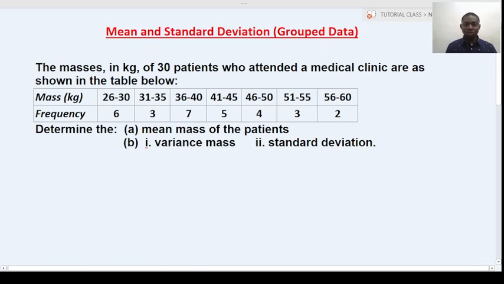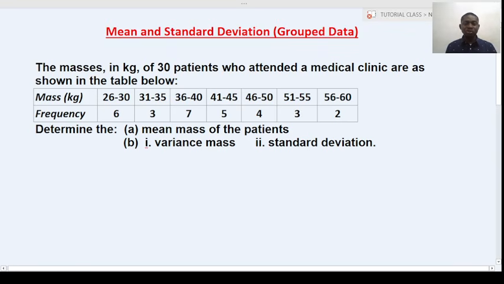Now, to be able to do this, we must know something. When it involves mean, then we definitely need to have a middle value for each of the class intervals given in this figure, which will also help us to find deviation. So to do that, we are going to be preparing what we call the frequency distribution table.